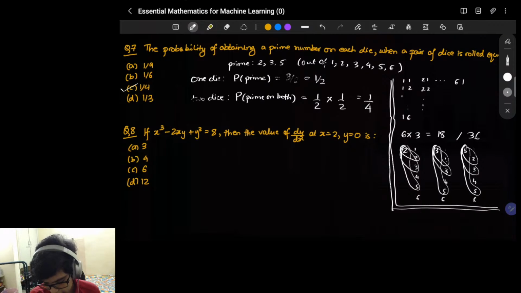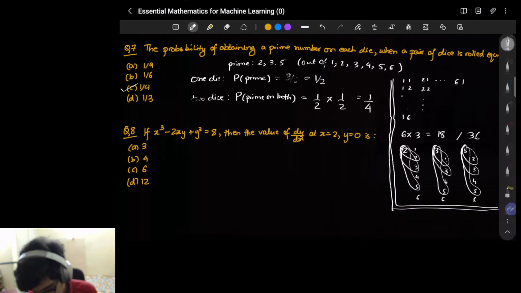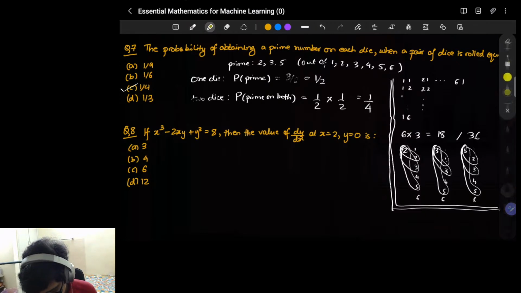No, there are 9 of these cases in which 1, 2, 3, 4, 5, 6, 7, 8, 9. 9 of these cases in which both the things are prime, and 9 cases in which only one of the things is prime. 9 cases. See, I can highlight it for you. This case, this case, this case.